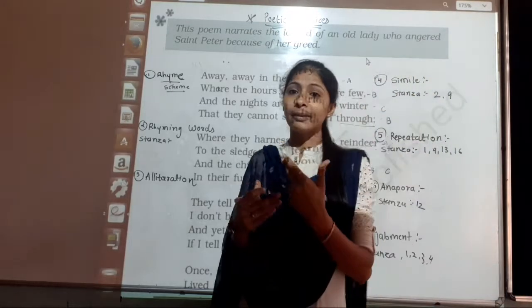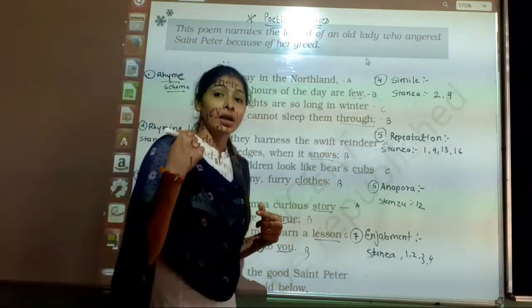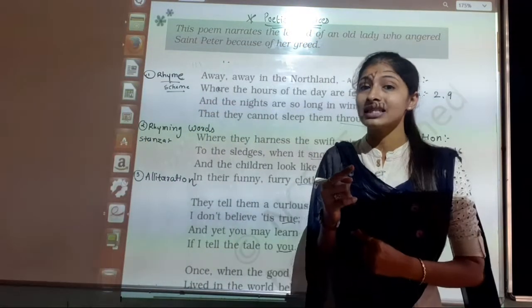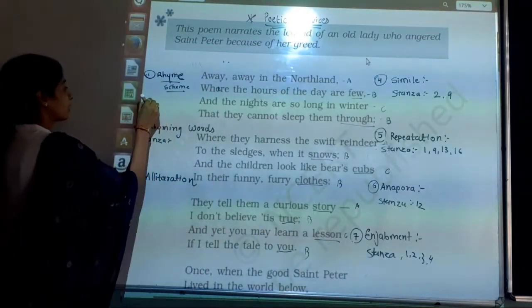So what is the rhyme scheme of these stanzas? In every stanza it will be repeated. It means in every stanza the rhyme scheme will be the same. So what is the rhyme scheme of this poem?